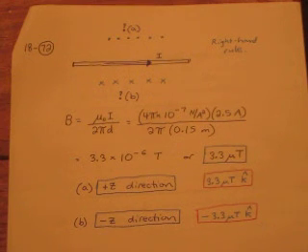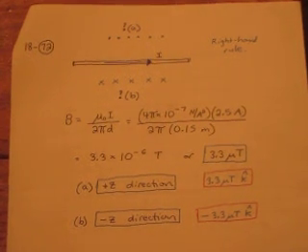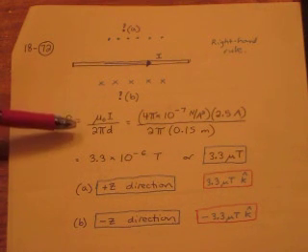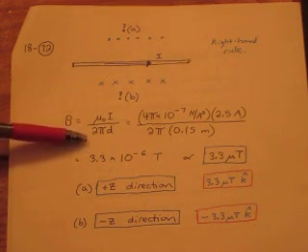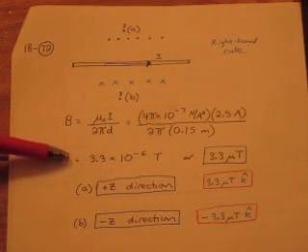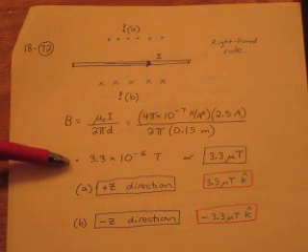To quantify this, we'll say that magnetic field off of a wire is mu naught, the permeability of free space, times the current, divided by 2 pi times your distance from the wire. Which, when you calculate those, whether you're doing part A or part B, it's 3.3 times 10 to the negative 6 Tesla, or we could say 3.3 microtesla.